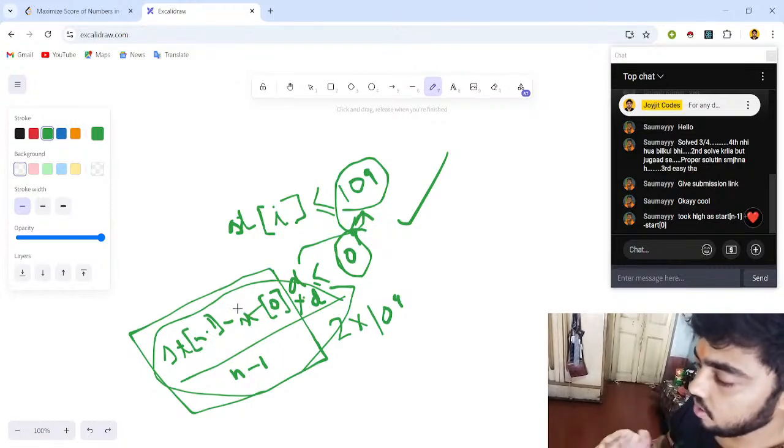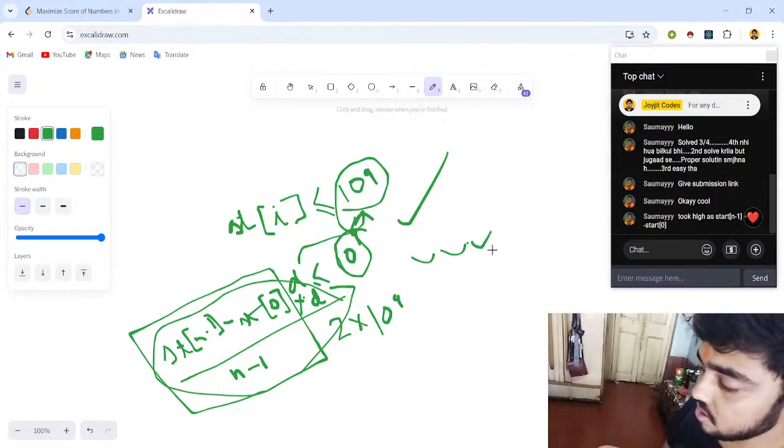Why is it so? Because, as I was telling you, if you're talking about the differences between any two consecutive elements, the best approach will be to divide the whole thing. So this is, let's say, x, and this will be x plus d. This will be x plus 2d, and so on.